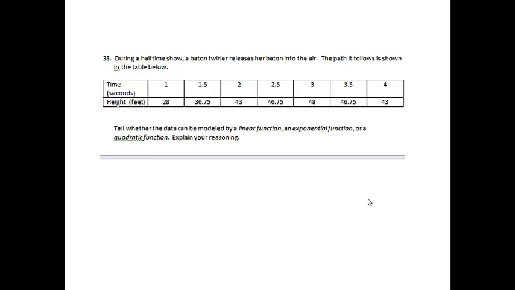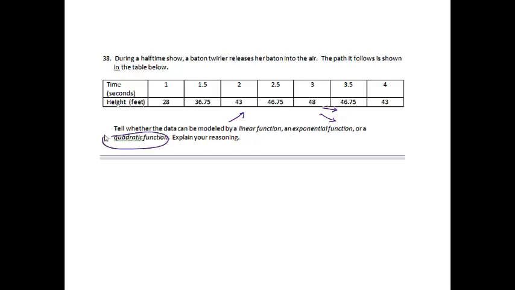Okay, number 38. During halftime show, a baton twirler releases her baton into the air. The path that follows is shown in the table below. So if you'll notice, we're looking at the height, and again, tell whether the data can be modeled by a linear function, an exponential function, or a quadratic function, and explain your reasoning. I notice that the height in feet is going up, and then right here, it starts going down. So we're going up, and then we are going down. Linear and exponential strictly just go up or down, not both.